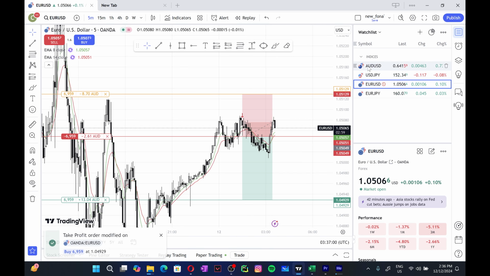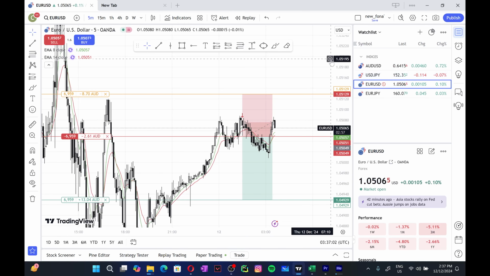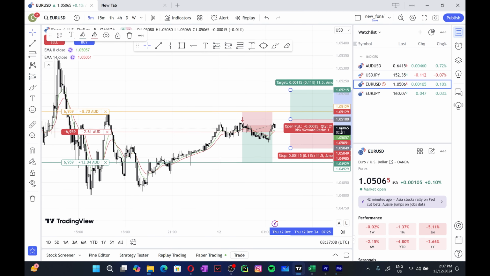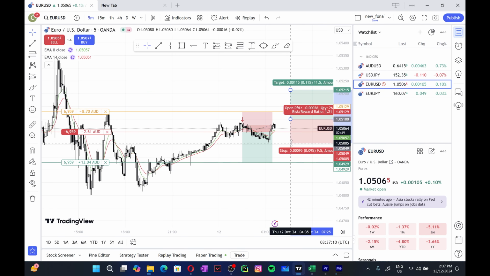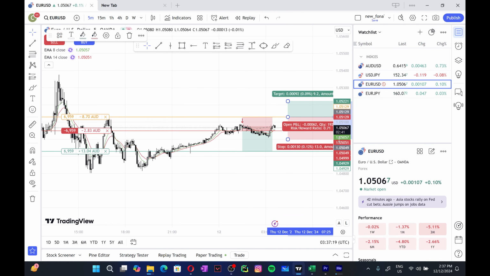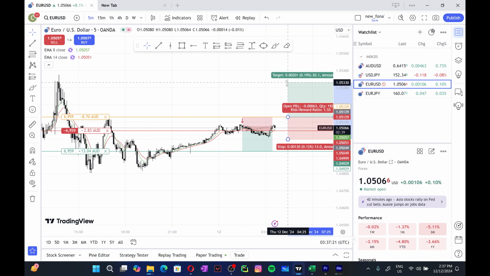Now if the price doesn't go down, if it starts going up as well, then I would be taking a long position about here, with my stop loss below that, and my take profit about that level.